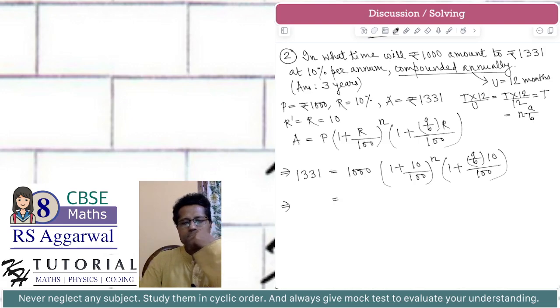So this implies 1331 is equal to 1000 times 1 plus 1 by 10 to the power n, and 1 plus a by b by 10.